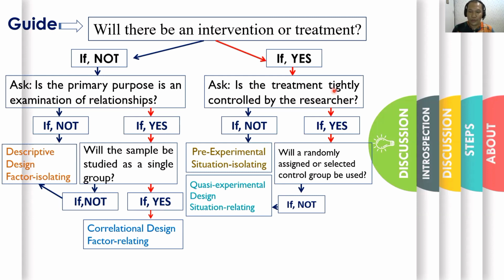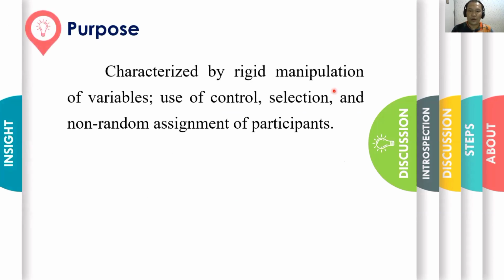Quasi-experimental, also known as the causal comparative research design. Okay, now, what is the purpose? The purpose is characterized by a rigid manipulation of variables, use of control, and use of a selection method, but the selection for the assignment of participants is non-random assignment.